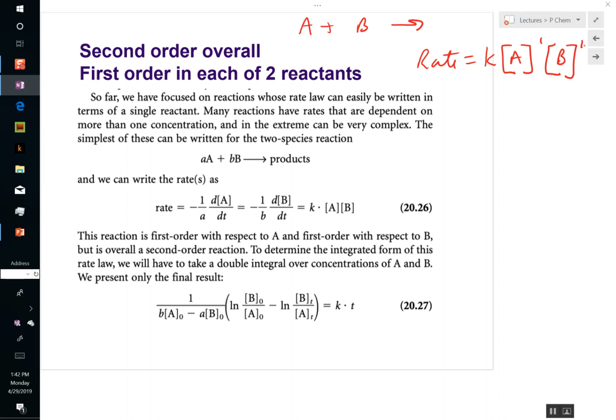All right? Thank you. Be sure to read at least as far as we got here, and read the second order overall, first order of each reactant, for Wednesday.